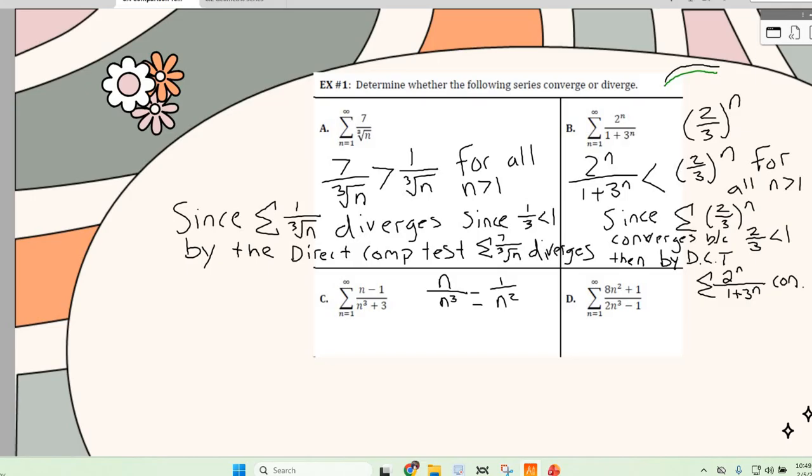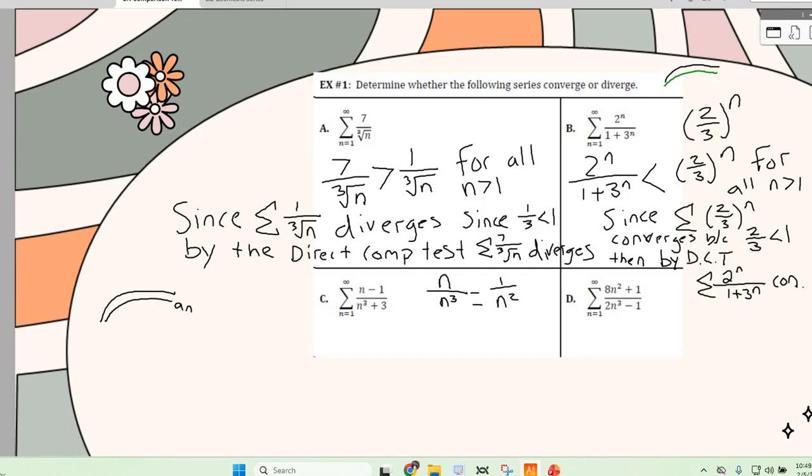It's going to converge by our p series test, right? Because p is bigger than 1. Alright, okay with that. So that means that, again, drawing my nice green picture, if the one that I'm comparing it to converges, what do I need my original to be? Less than. So I need my original to be smaller than that.